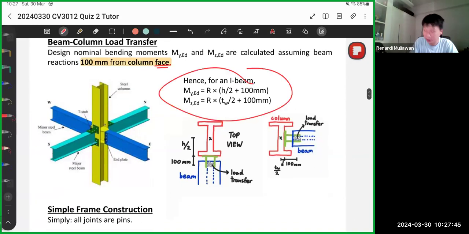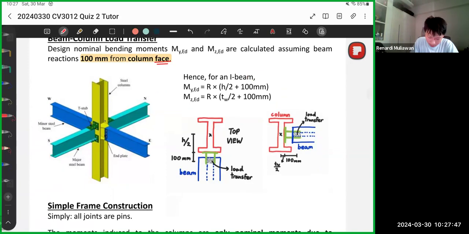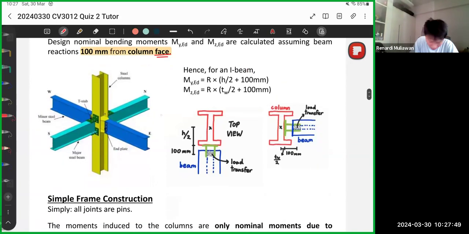So for an example, for an I-beam, for YY, YY is this axis right here. So load transfer is here. This is the beam. This one is the top view, by the way. So it's 100 millimeters from the face of the column.